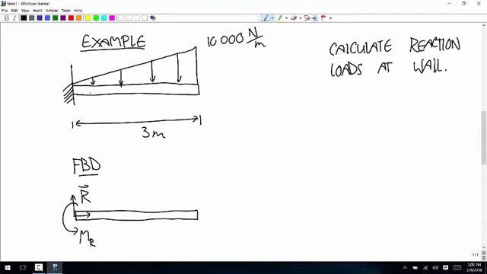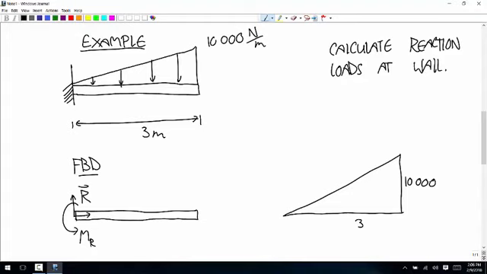And then to figure out how to treat this distributed load as a point force, we're going to think about the shape. And this shape is a triangle with a base length of 3 and a height of 10,000. That looks sort of weird.